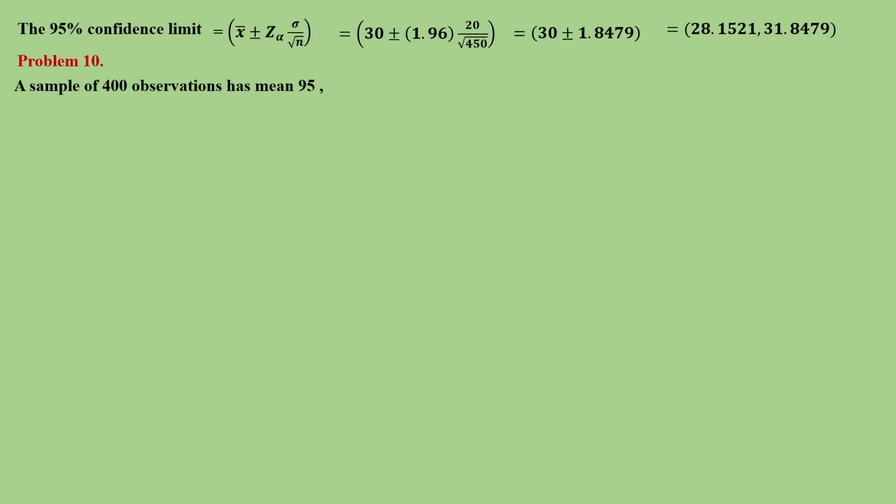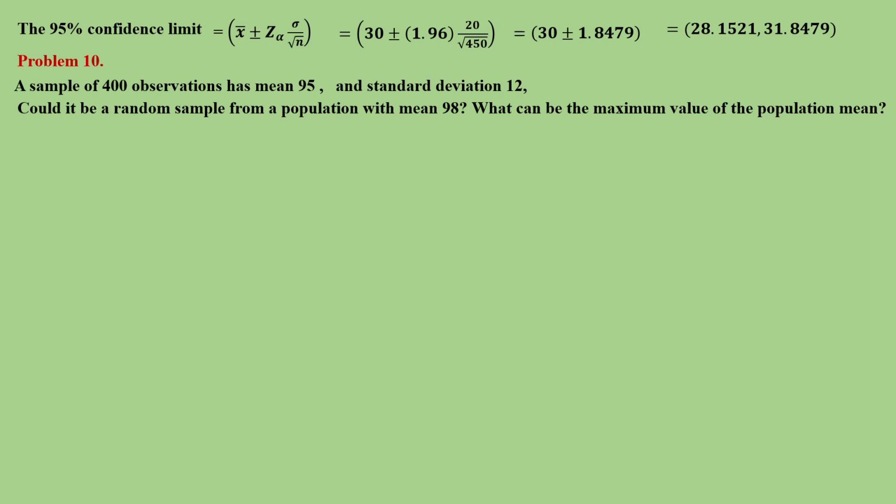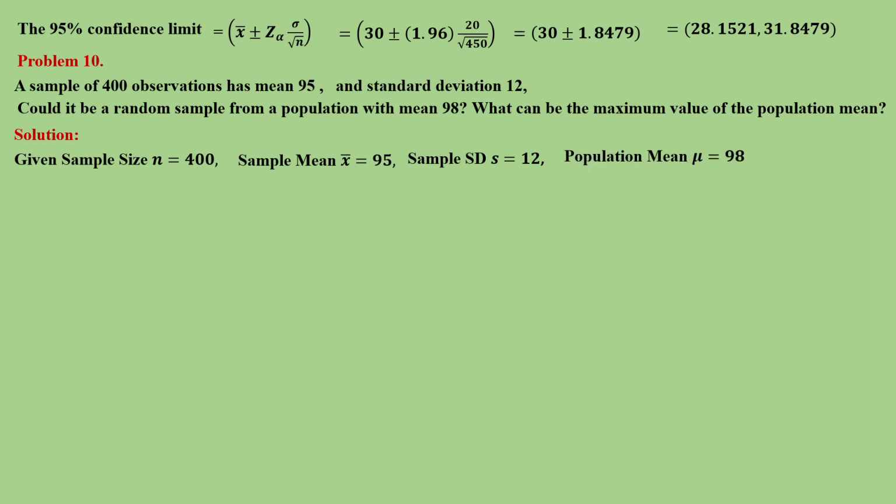Next problem. A sample of 400 observations has mean 95 and standard deviation 12. Could it be a random sample from a population with mean 98? What can be the maximum value of the population mean? So given sample size n is equal to 400, sample mean x bar is equal to 95, sample standard deviation small s is equal to 12, and we are going to check the sample from the population with mean 98, so mu is equal to 98.